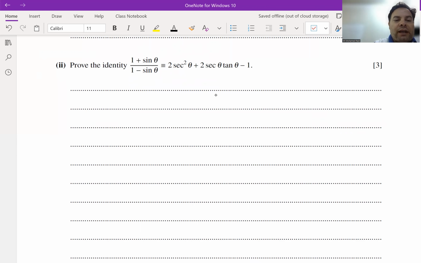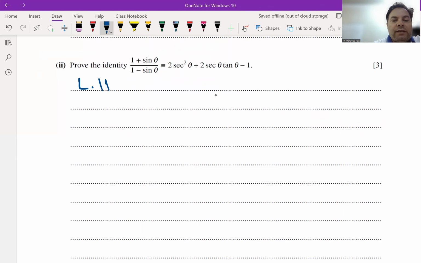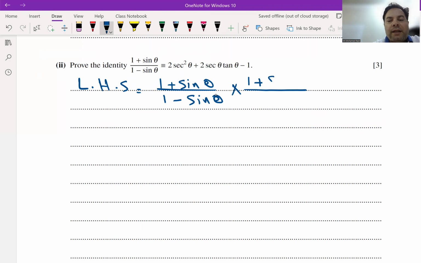So I will start now with the left-hand side: 1 plus sine theta divided by 1 minus sine theta, multiplied by the conjugate of the denominator, which is 1 plus sine theta divided by 1 plus sine theta.